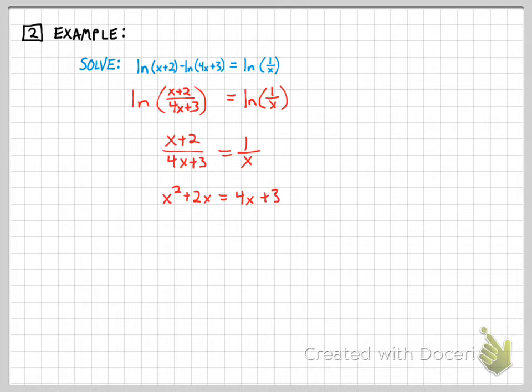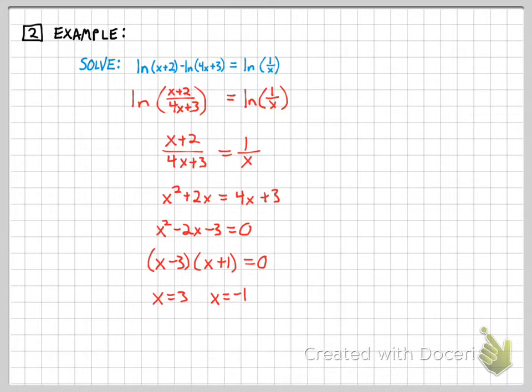This ends up being a quadratic. Remember, we want to set our quadratics equal to 0, so I'm going to have a minus 2x minus 3 here. Most of the time you should be able to factor these, so I get x minus 3 and x plus 1, and 2 solutions of 3 and negative 1.